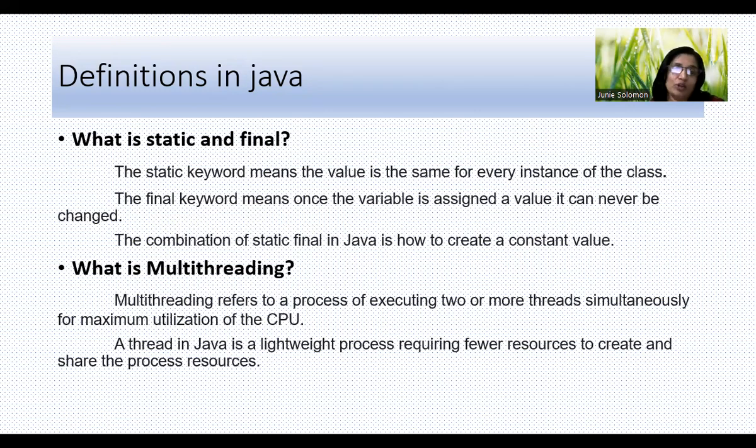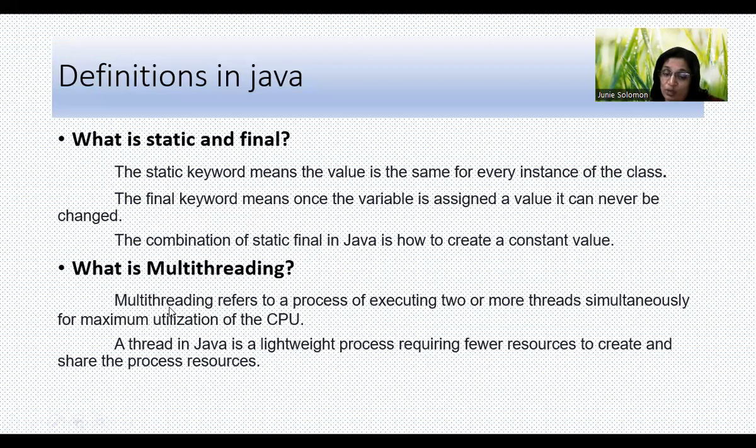Same in your program, if you have so many threads to be done. For example, in Word, there is grammar checking, there is an image, there is text processing. Doing so many things at one point is called multi-threading.